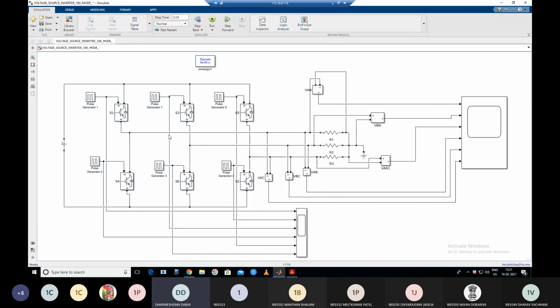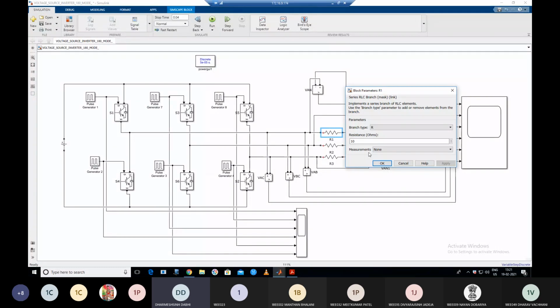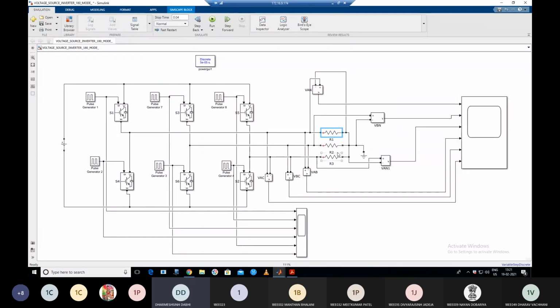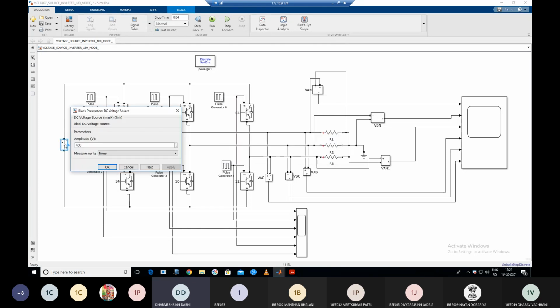You can see that from each leg we provide the connection to the load. Here we have a 3-phase star connected load and we take the balanced load condition. It means the resistor in each phase has the same value. You can see that the resistance in each phase is 10 ohm, so it is a balanced star connected load. At the supply side we have taken this 450 volt DC supply.